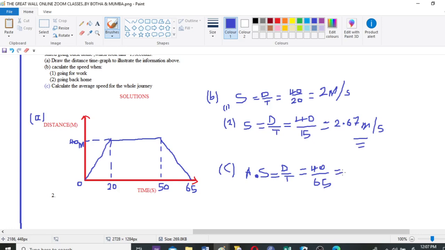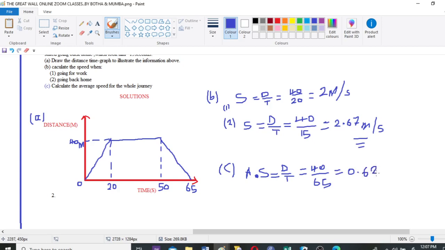Okay, so when you divide 40 by 65, what are you getting? That should be 0.615, and the number continues going.